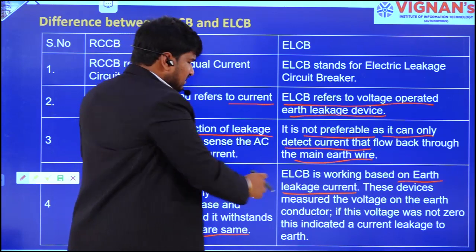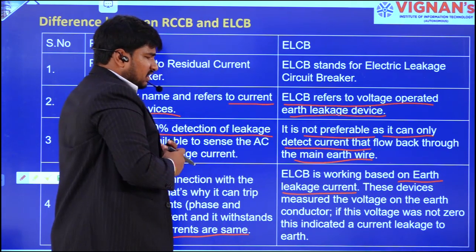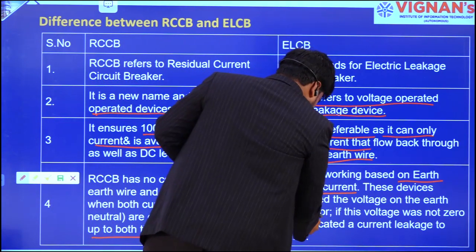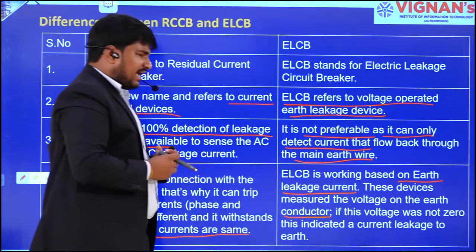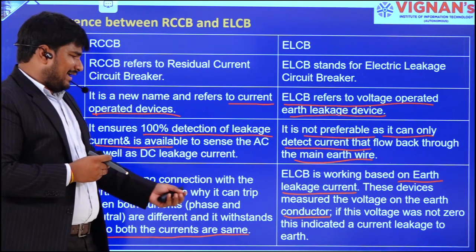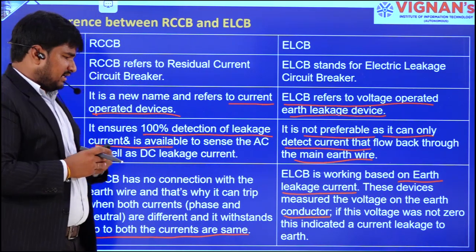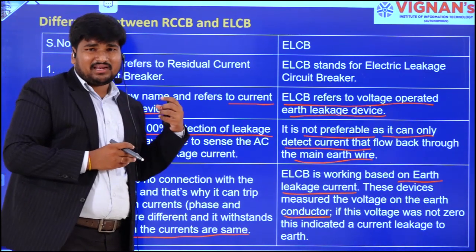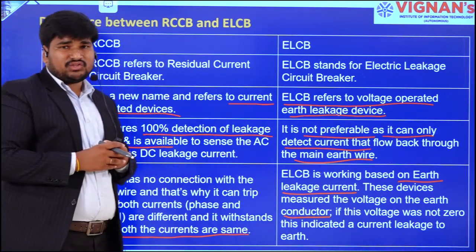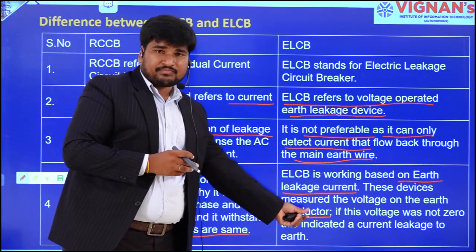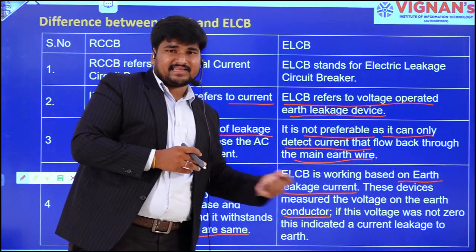So these devices measure the voltage on the earth conductor. So if this voltage is not zero, this indicates a leakage to the earth. So that's why it can be referred to as a voltage earth leakage circuit breaker.